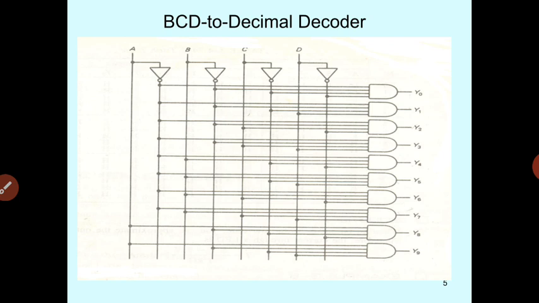But instead of utilizing all 16 outputs, I am utilizing only 10, from y0 to y9, which represent the decimal digits. Since decimal digits are from 0 to 9, I use only y0 to y9 instead of y0 to y15.